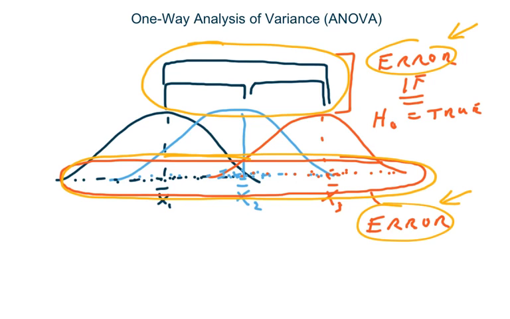However, if the null hypothesis is false, that is, our independent variable is actually causing a change in the way people are behaving, well, the independent variable doesn't change individual differences. It doesn't change why one person scores higher than another. All it's going to change is the overall pattern from one group to another.